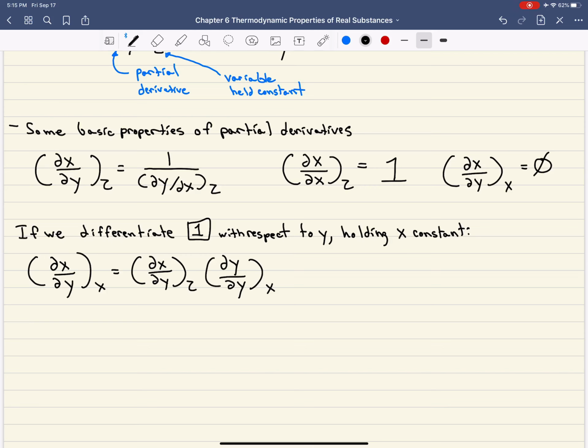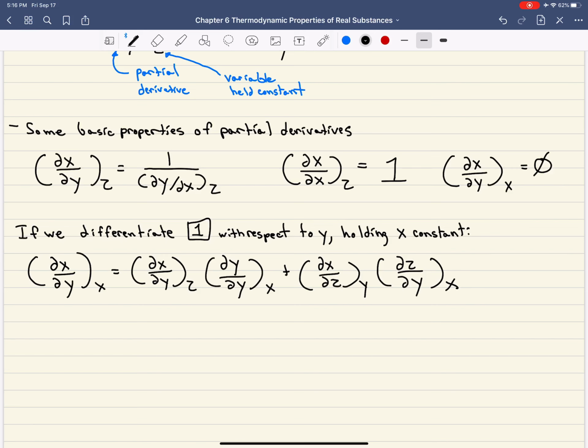Okay? Yep. So we have that, and then we have (∂x/∂z) at constant y times (∂z/∂y) at constant x. Okay? All right, so this is what equation 1 turns into if we take the derivative of it with respect to y while holding x constant.